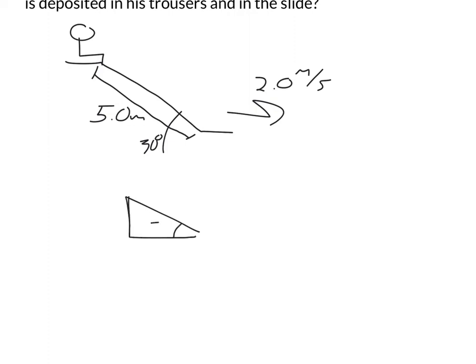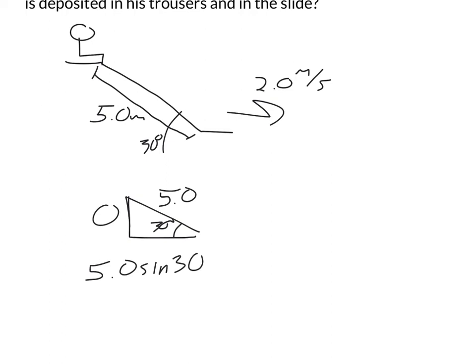So it's a 30-degree angle, and I have a 5 hypotenuse, and I need the opposite here. So this is a sine. So this should be 5 sine 30. Is the sine of 30 a half? I never remember. 5 sine 30.